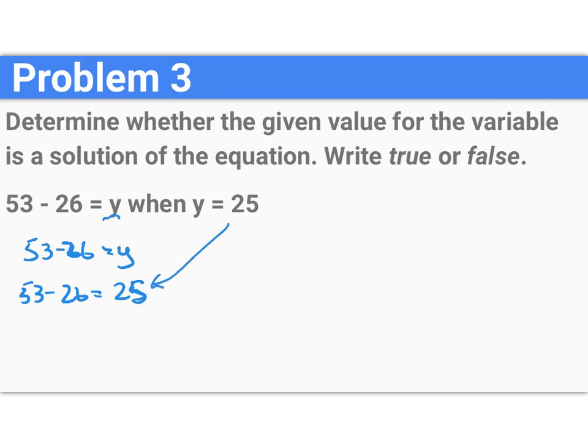So what's 53 minus 26? This is 27. 26 does not equal 25. Wait, 27 does not equal 25. This becomes a closed sentence, but it is false. 25 does not satisfy the equation.